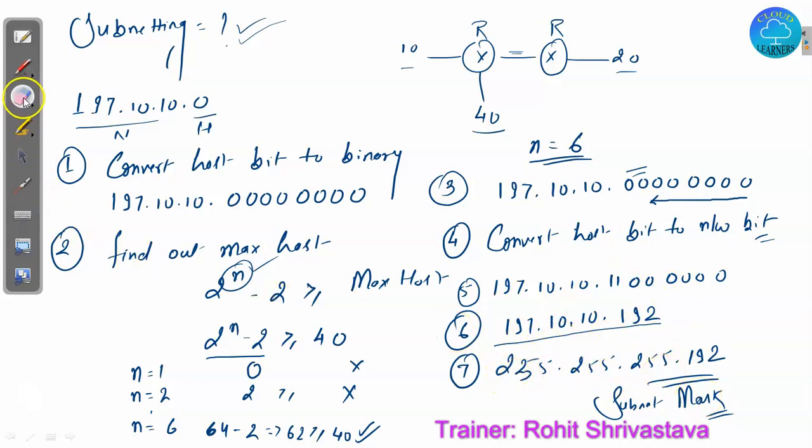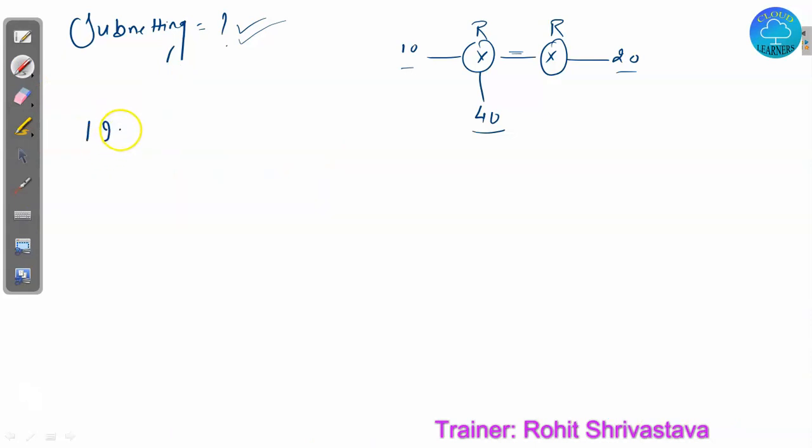Now proceed further. We got this IP 197.10.10.11000000. So now it's time to create our subnets. How do we create our subnet? Let's suppose we need to create our first subnet.